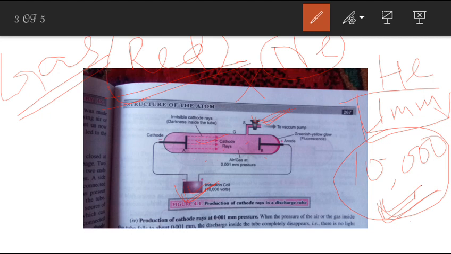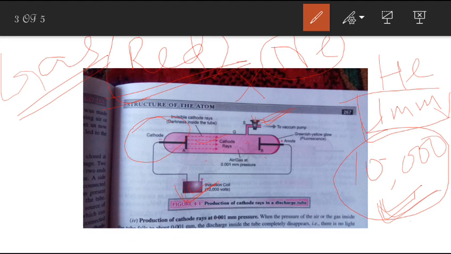Light will be emitted from one of the electrodes. From which electrode will the light be created? From the cathode. He noticed that the light is created from the negative terminal of the battery.